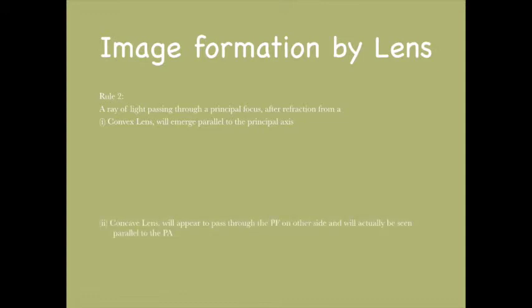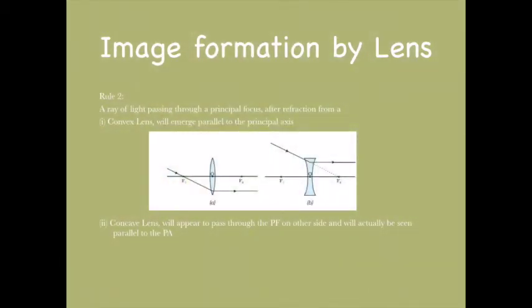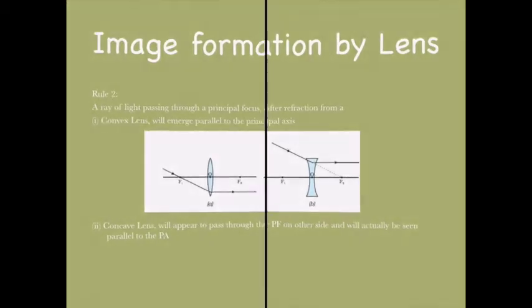It is the same for both. Let's have a look at the diagram, which will be shown shortly. So this is what actually happens. The refracted ray will be parallel to the principal axis.